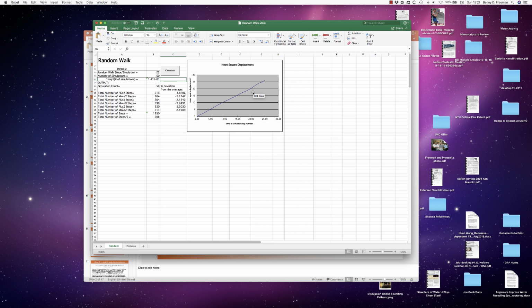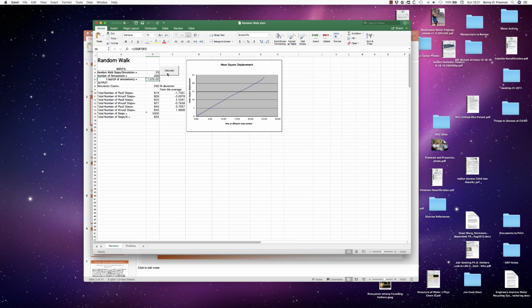That is a straight line where the mean square displacement in these scaled coordinates is simply equal to the diffusion step number. And if we go on up to 100 of these simulations and run those, now you see the line getting straighter and straighter, and the endpoint closer and closer to 25, which would be the prediction of the Einstein equation. If we go to 200, it's a little bit under, but still quite linear.